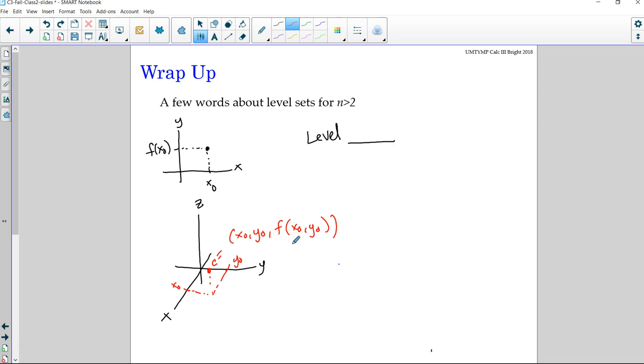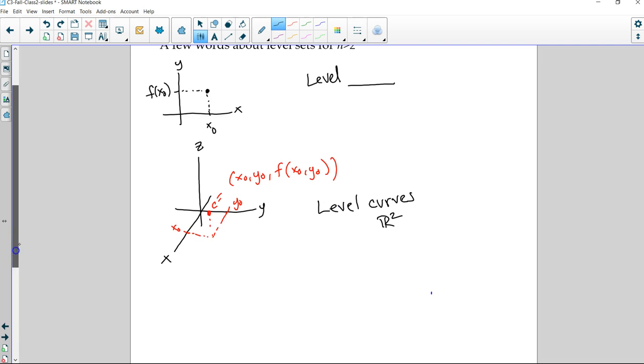In this scenario, we actually called the level sets level curves, because these curves lived in R2.